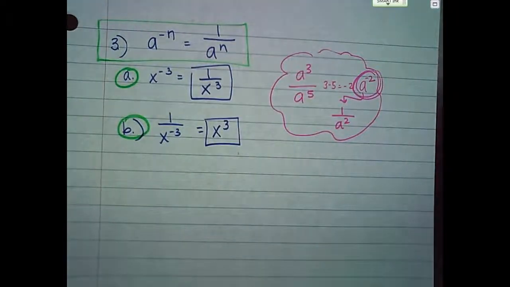Now, what's confusing to some people about this is that the negative 3 right here does not mean that the fraction is negative. All the negative exponent is doing is telling you where the x belongs. Okay? So because I got a negative right here, it meant that it belonged in the bottom. Alright?